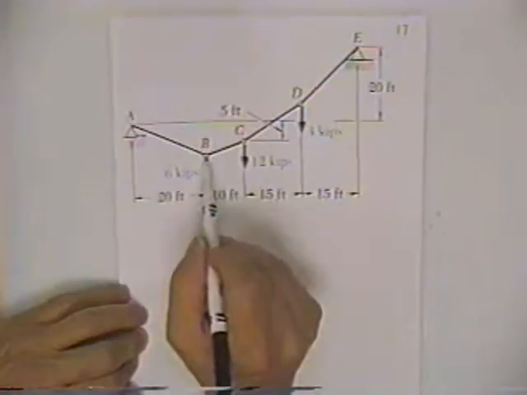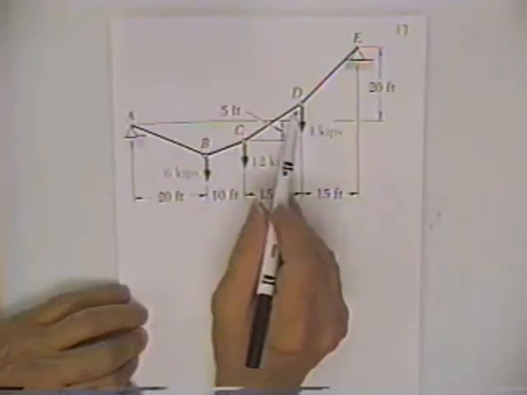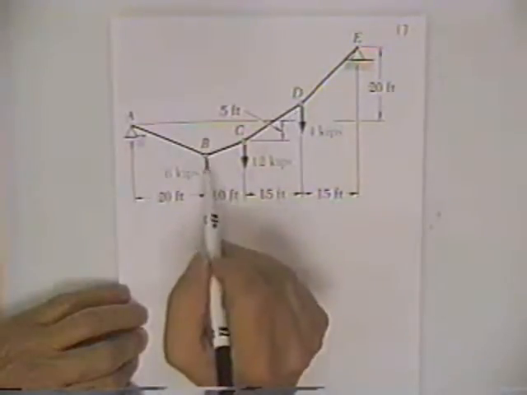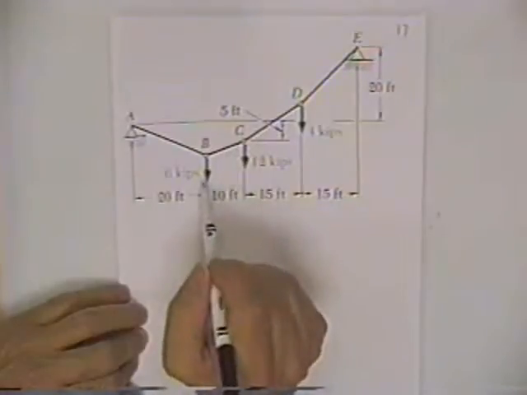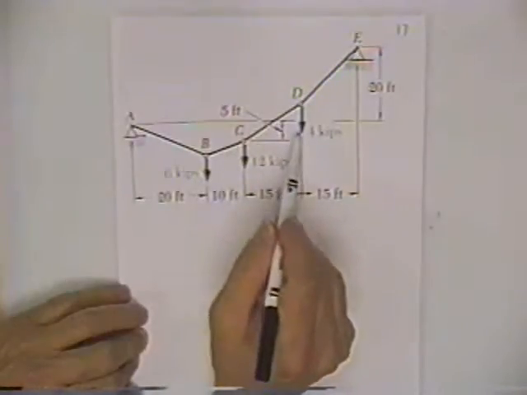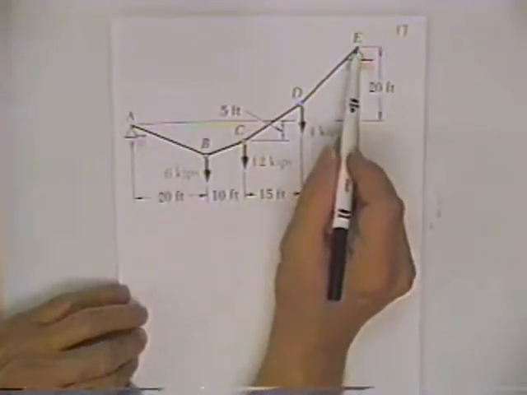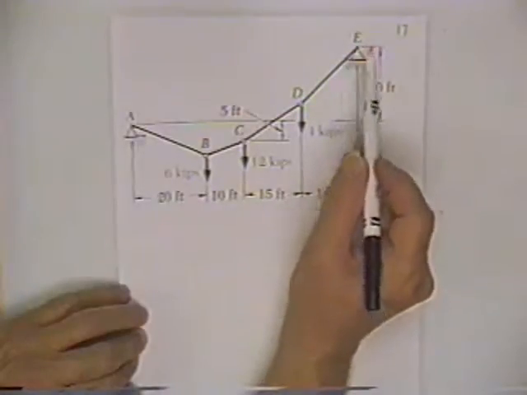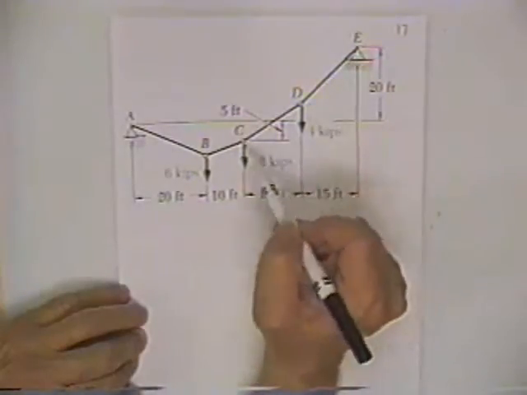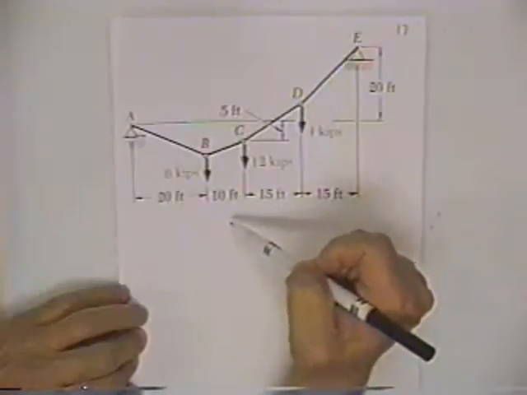Now, where point B and point C and point D would be depends on two things. They depend on how much force you apply to the cable, and also how long the original cable is. As you might imagine, if this guy up here at E fed in another 30 feet of cable, all of these points would drop down.